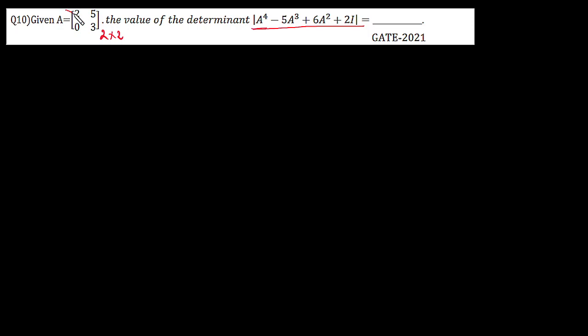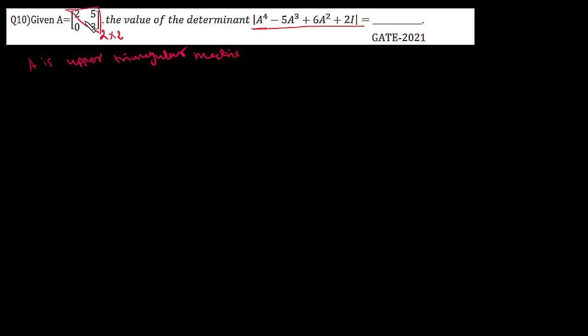And further, look at this matrix. It is nothing but a triangular matrix. See here, I can say A is an upper triangular matrix.